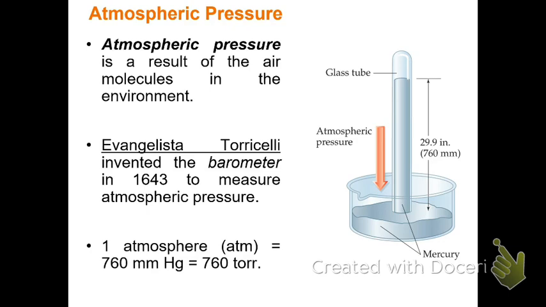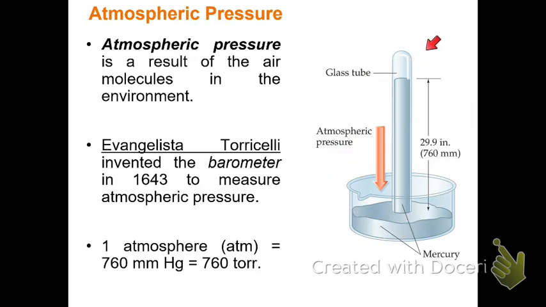So there's this guy in the mid 1600s, Evangelista Torricelli. He invented the barometer, and the barometer is basically a device that measures atmospheric pressure. The figure over here on the right hand side is basically a simple barometer.